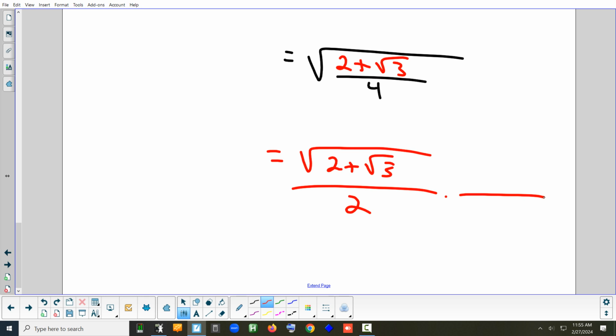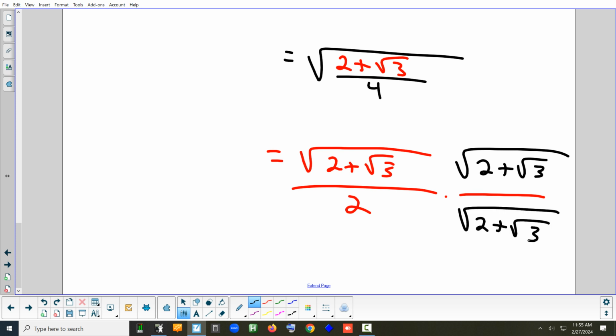Well, what you could do, you can multiply the top and bottom by 2 plus the square root of 3, but that's going to put a square root in the bottom. So now I've just moved my problem from the top to the bottom. So that's not going to work nicely.